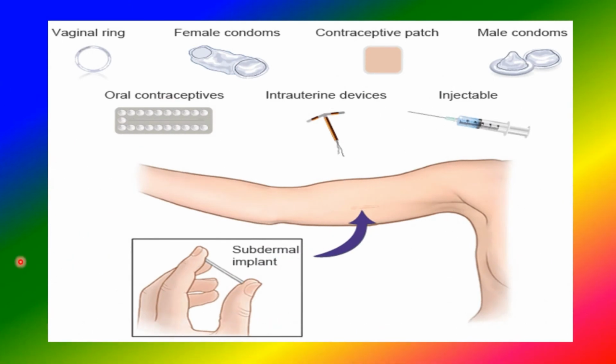The modern method is subdermal implant. Other methods: vaginal ring, female condoms, oral contraceptives, intrauterine devices, etc.